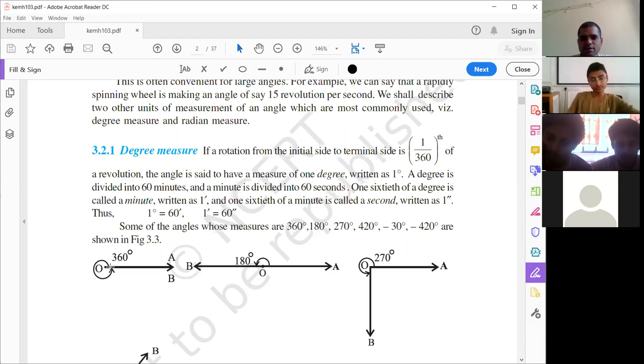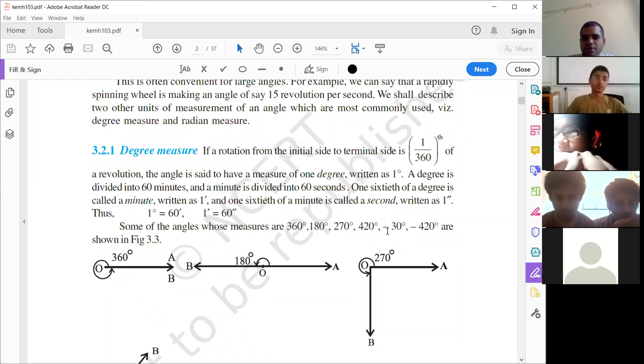If we rotate this line OA one full rotation, so that it again comes back to its initial position, then this whole angle is called 360 degree. If you rotate it half, like this second figure, this will be 180 degree. If you rotate it perpendicular, this is 90 degree.